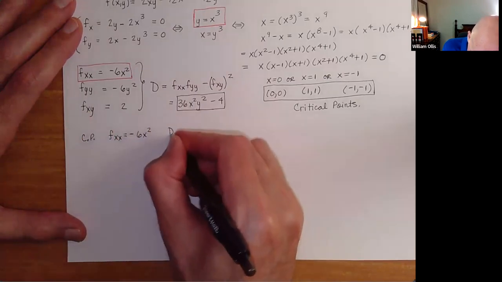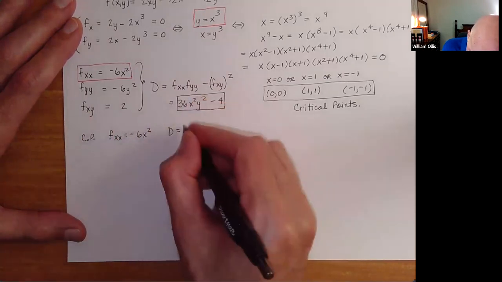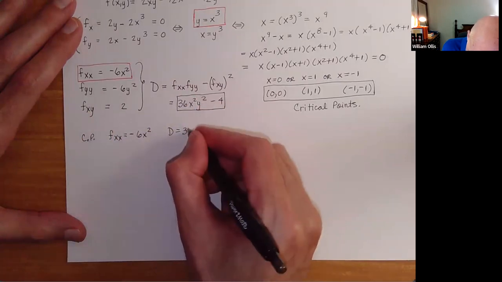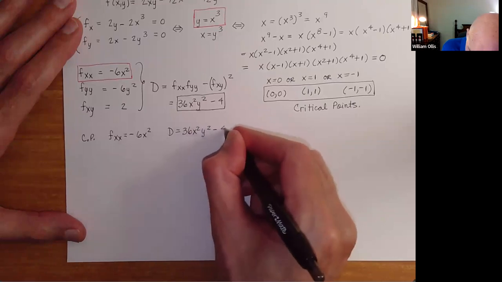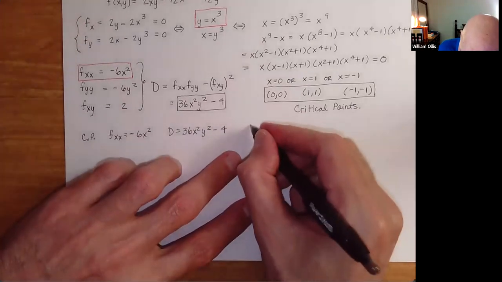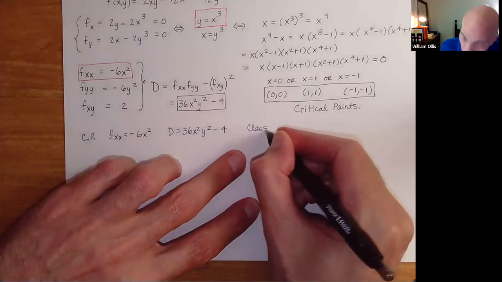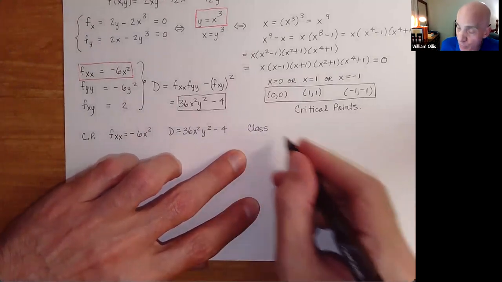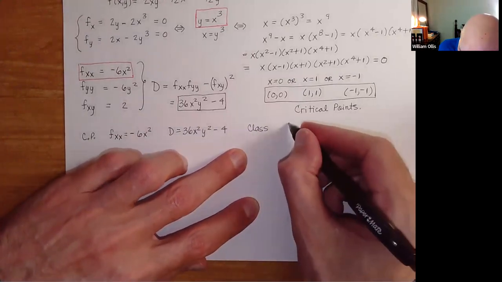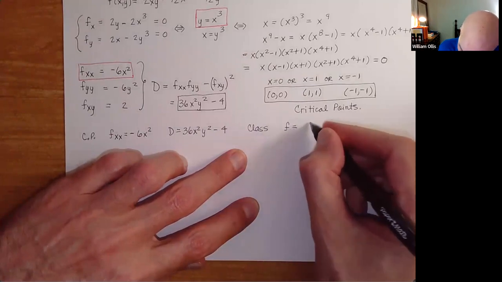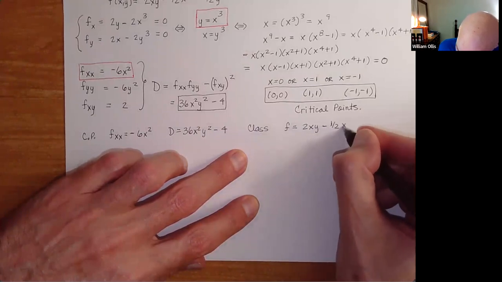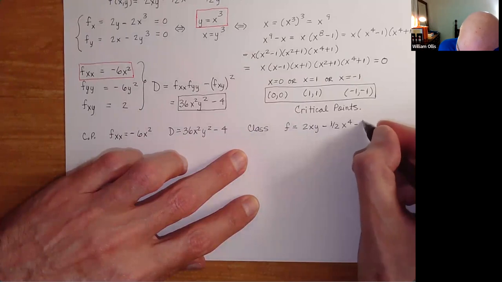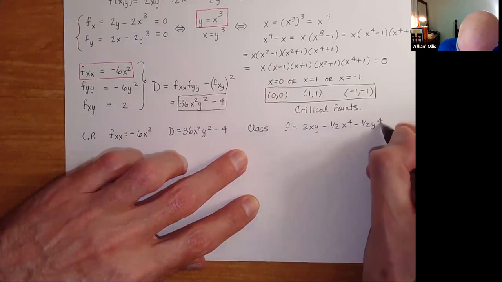And then we have D, so we'll just fill it in with what we computed here, 36x squared y squared minus 4. And then we want the class. What is the classification? I'll just put class for short. And then the value, that is, what's the value of the function? And let me write that equation down, 2xy minus 1/2 x to the 4th minus 1/2 y to the 4th plus an 8.